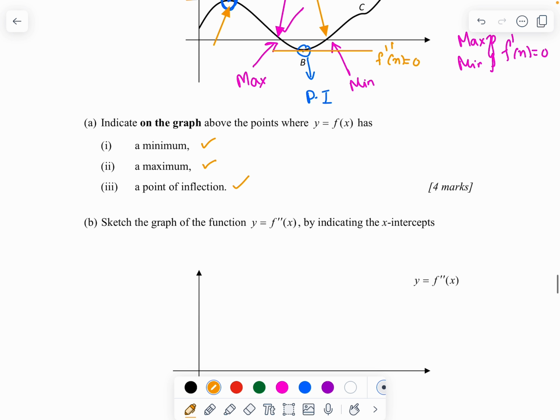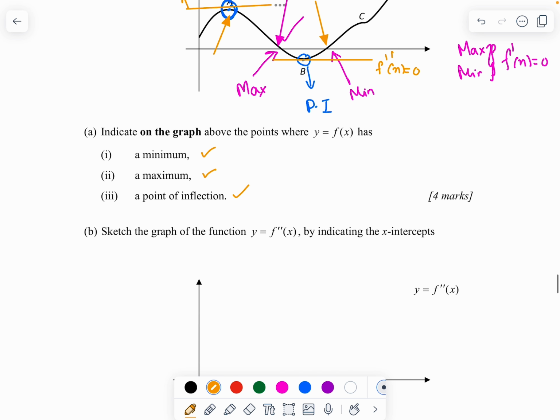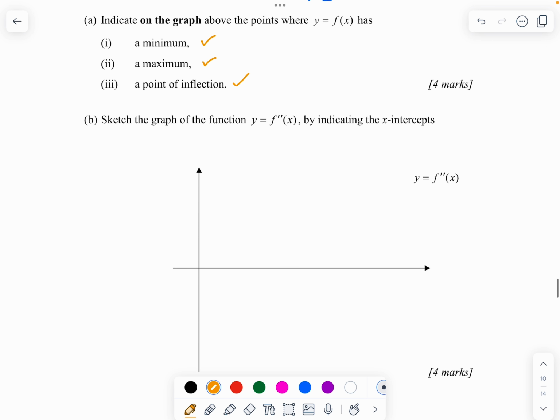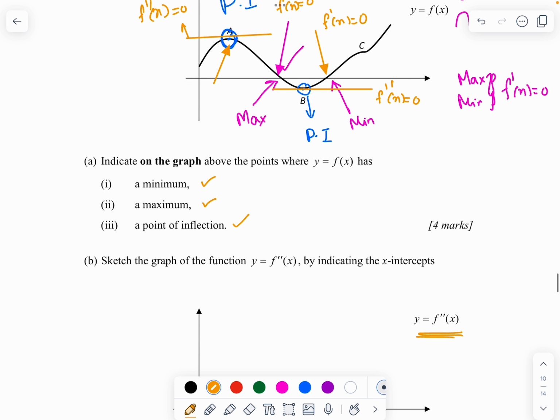Now, based on that, we have to sketch the graph of the function y equals f double prime x by indicating the x-intercepts. How should I find the graph for f double prime x?